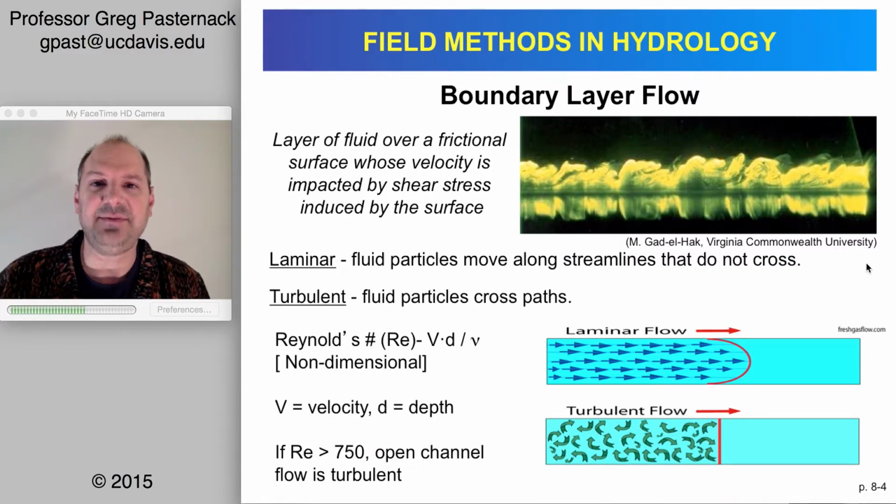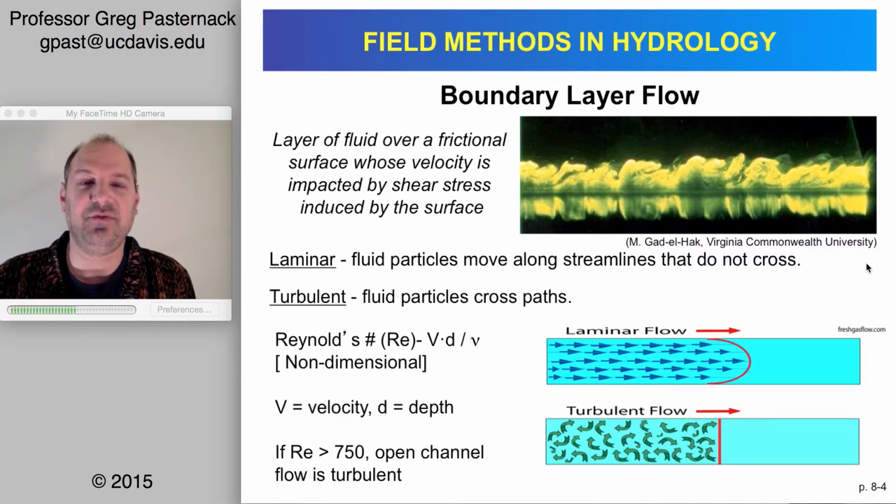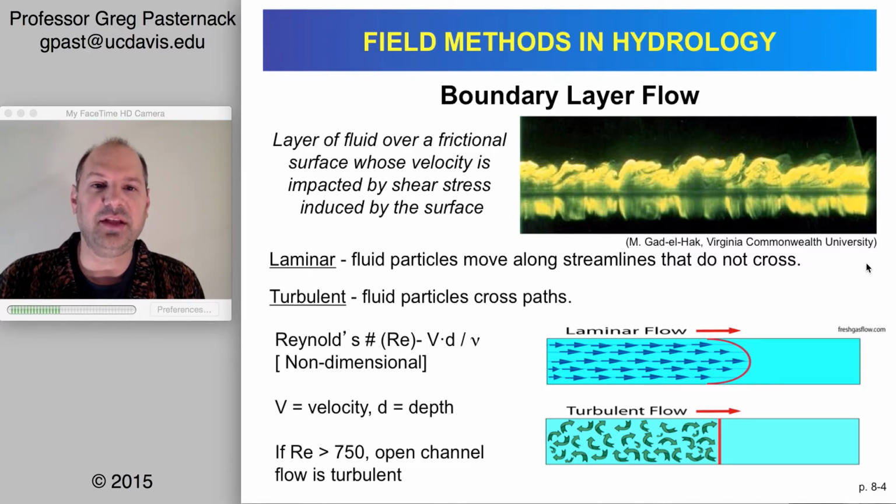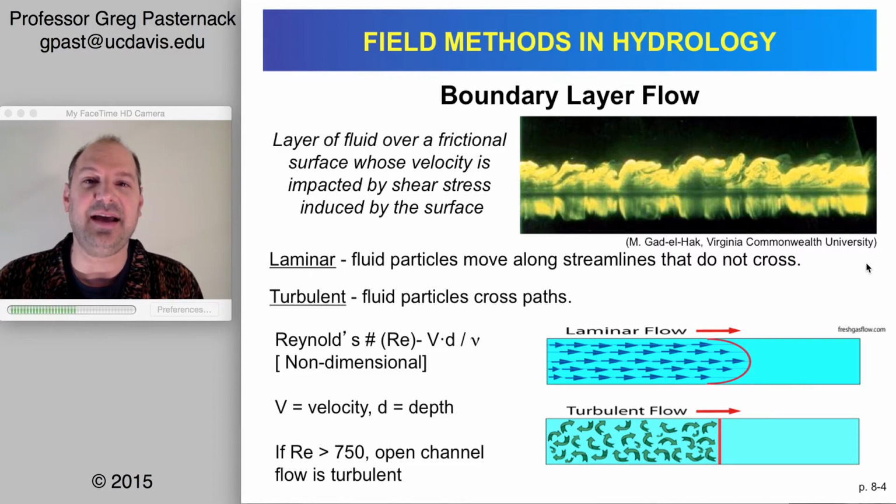So the first aspect about flow in rivers, or really over any ground surface, is that it's flow that's occurring as boundary layer flow. So this is a layer of fluid over a frictional surface where the velocity is impacted by shear stress induced by that surface. The only exception where you might not have this would be like atmospheric or oceanic flows where you're far, far away from the bottom.